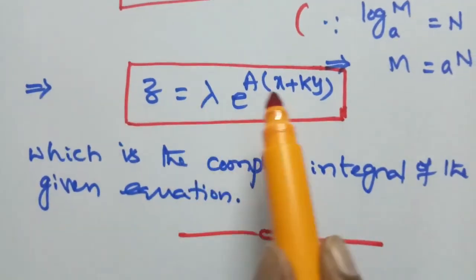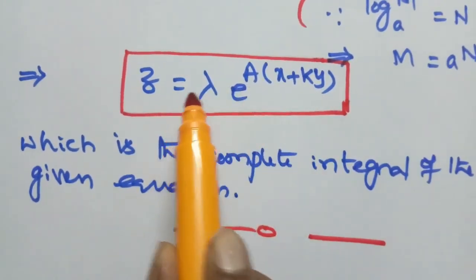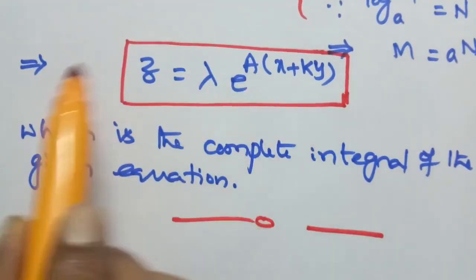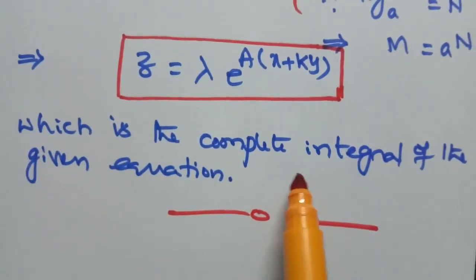Both are the same in number, two independent variables and two arbitrary constants. So this solution is called the complete integral of the given equation.